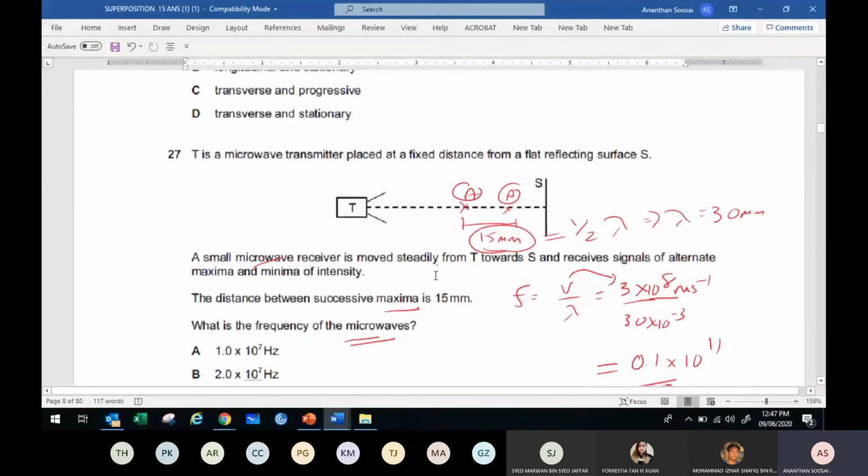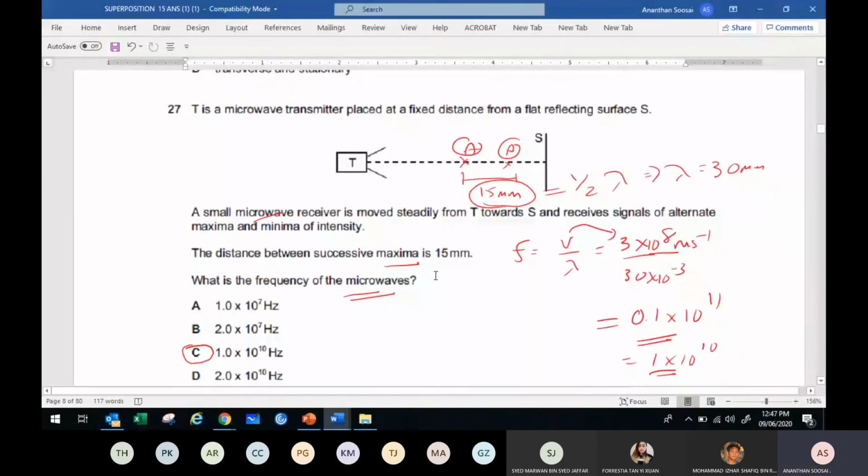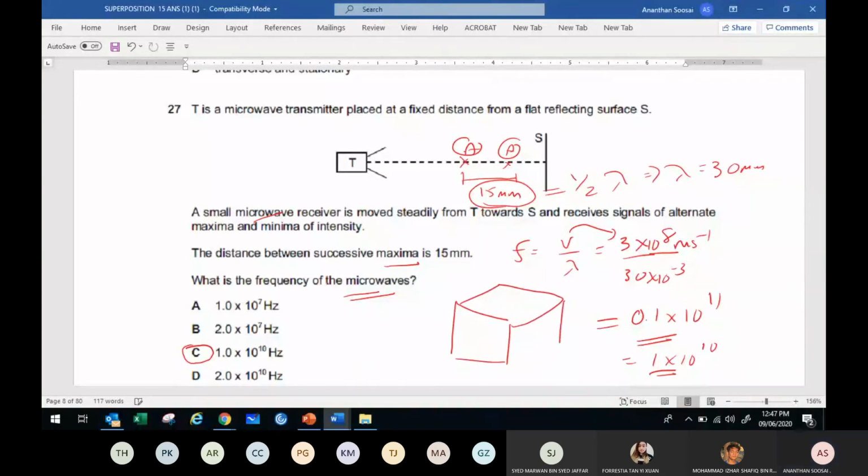I just want to tell you this about microwaves. In a microwave oven, the type of wave formed inside is a stationary wave of microwave.